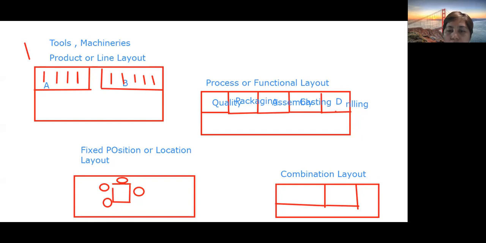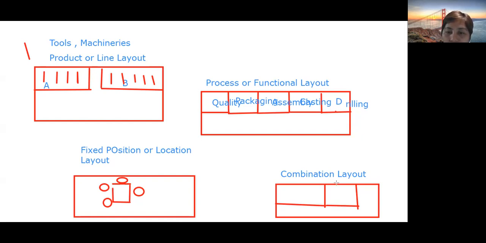Mass production is like the product layout. Then process job shops are like the process layout. So it is considered as combined or group layout.